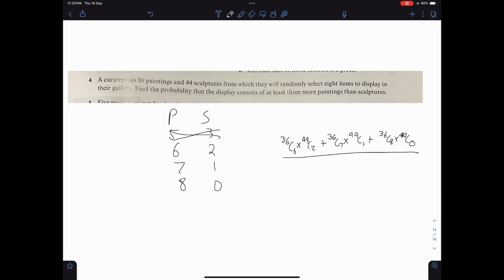And the total would be, 36 plus 44 is 80. 80 choose 8. And that equals 0.0773. Normally I would suggest for you to write out the evaluated arrangements before you add them up, but because the numbers we're dealing with are quite large here, then I think it'll be fine if you don't.